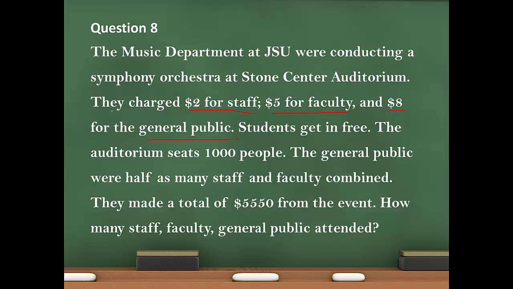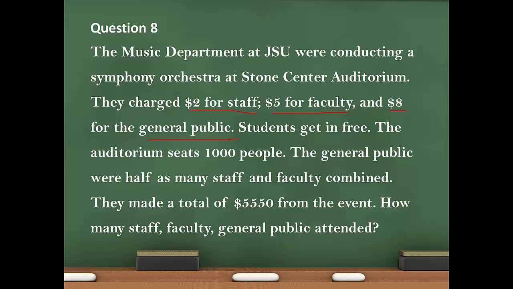Students get in free. The auditorium seats 1,000 people. The general public were half as many as staff and faculty combined. They made a total of $5,550 from the event. How many staff, faculty, general public attended?